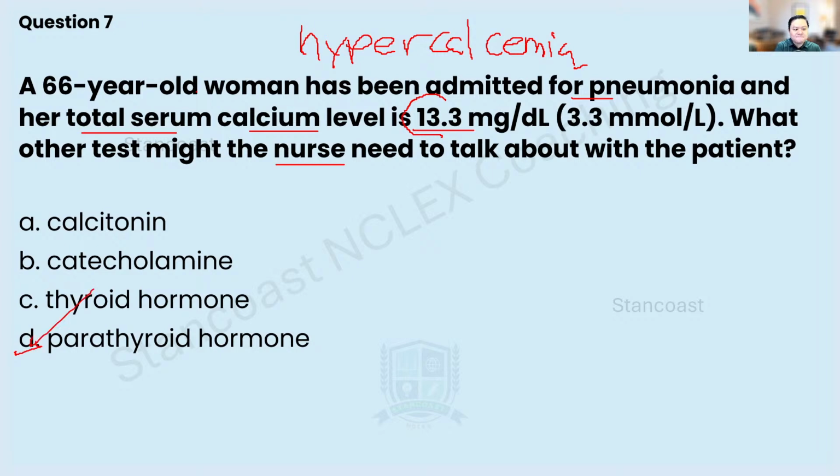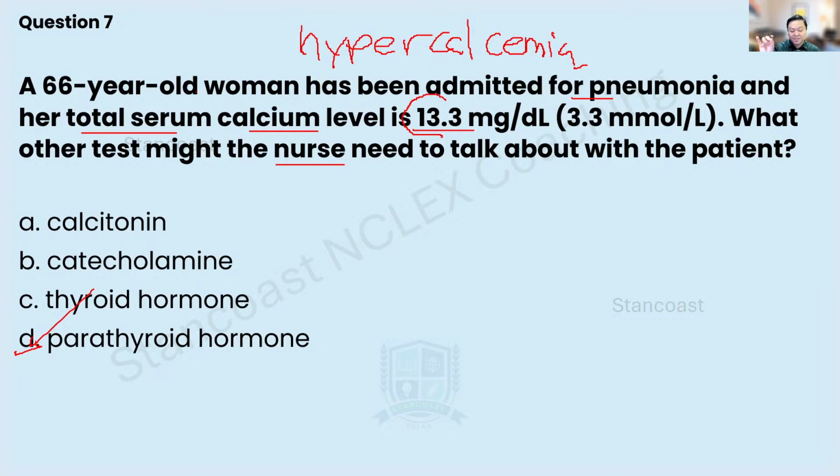Okay? All right. If you answered letter A, calcitonin, we know that this is another hormone that can regulate the balancing of the calcium. But at this point, when the patient has this type of hypercalcemia, the PTH is more critical in this context. In the normal regulation, as we recall from that diagram we had earlier, when there is hypercalcemia, the thyroid gland will release calcitonin.